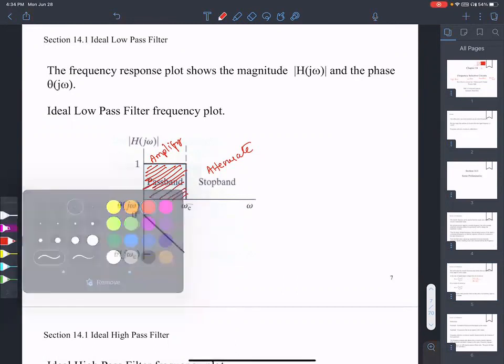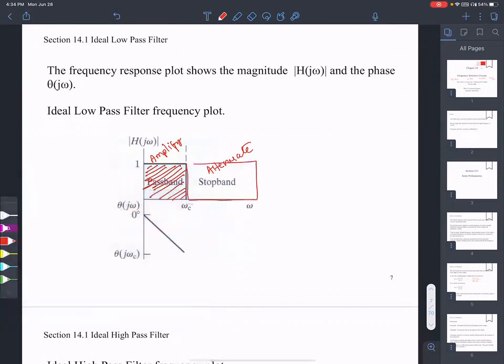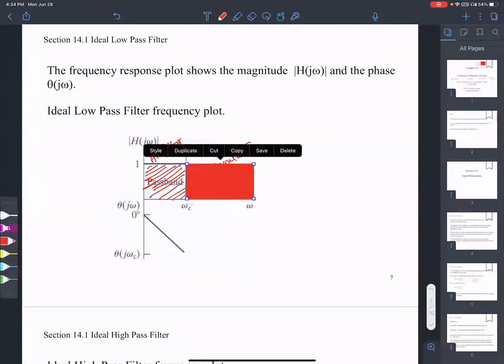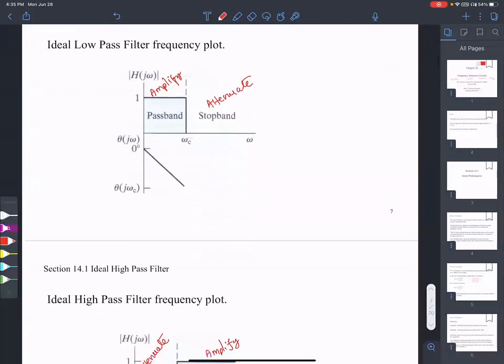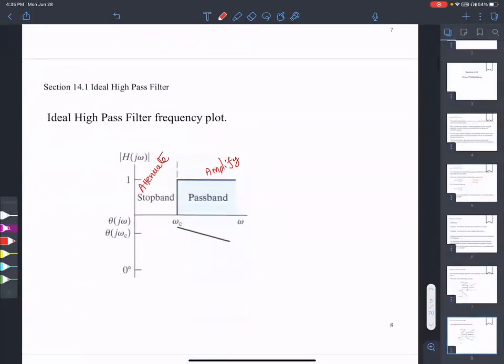And frequencies above that cutoff frequency are all stopped, or attenuated. That's the idea of a low pass filter. A high pass filter, on the other hand, attenuates or stops frequencies below the cutoff frequency. This is called a brick wall filter.